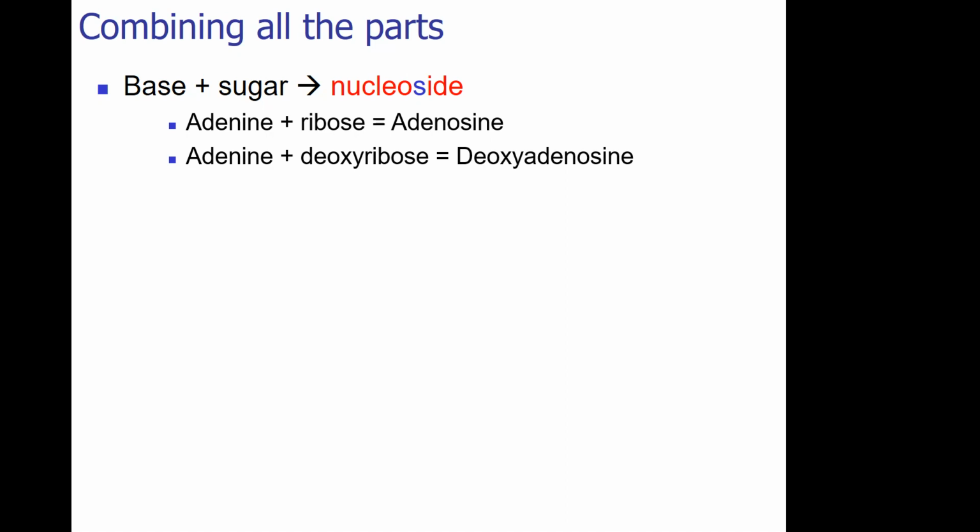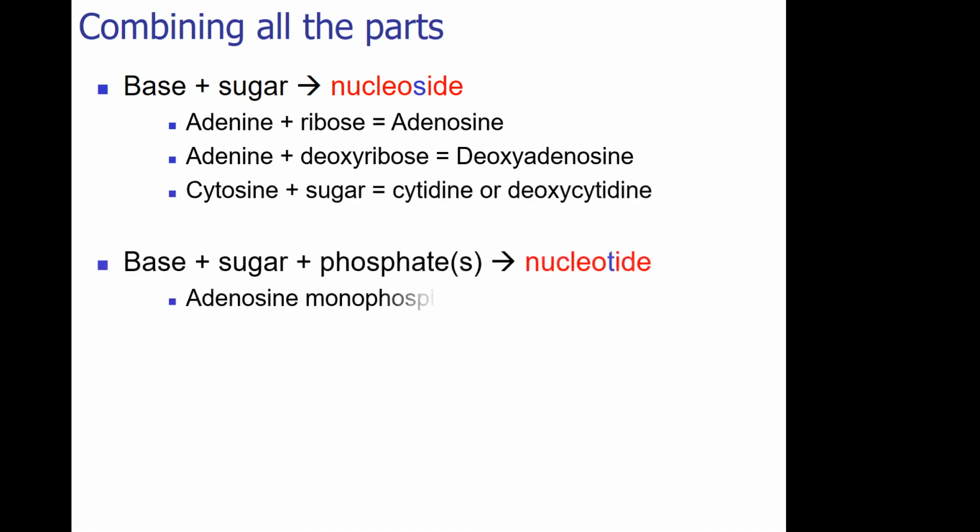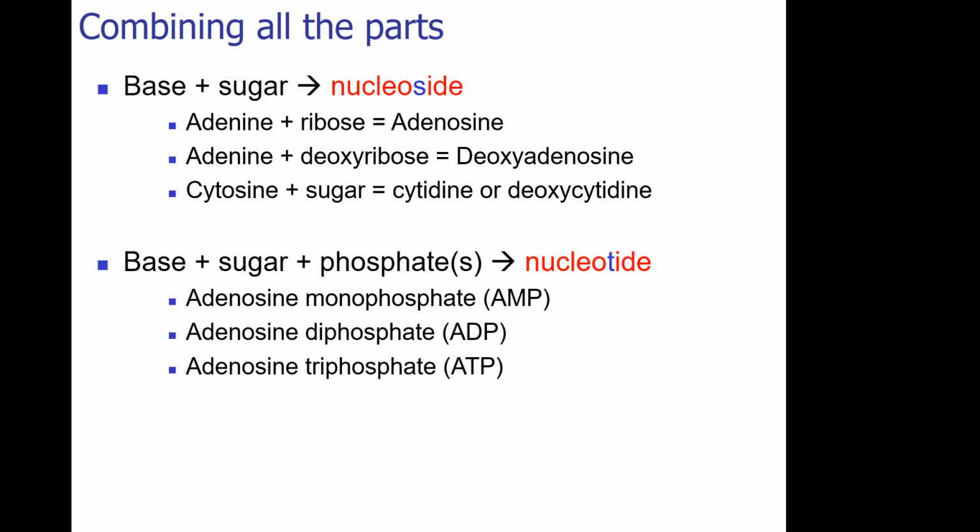And then the nucleoside will have a phosphate or 2 or 3, generally 3, added to it to create the nucleotide. So you'll hear the word nucleoside, you'll hear the word nucleotide. Nucleoside just has a sugar, S, side, sugar. Nucleotide has a phosphate, the T, okay? So that's kind of where they got those words from.